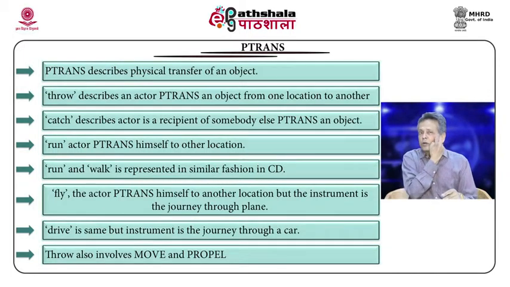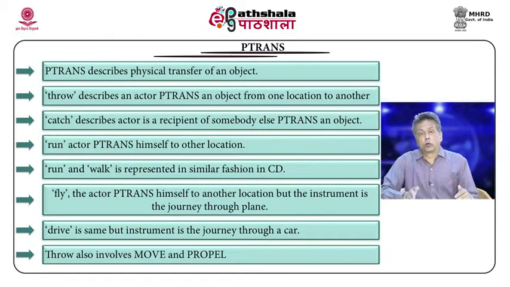So, that is the additional information. When you talk about representing fly, you have a few other things in addition to P trans. Similarly, when you talk about run, you are transferring your own self. Throw, you have move, or catch, where you are the recipient of that P trans movement. Same as A trans, there is a transformation, but here it is a physical one, where the location is changed.